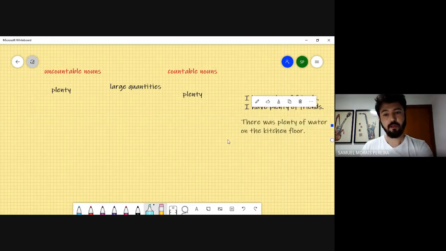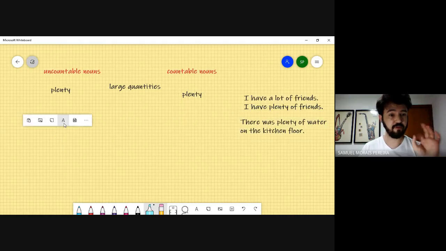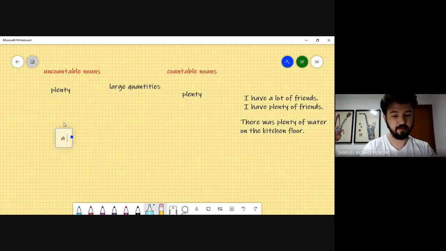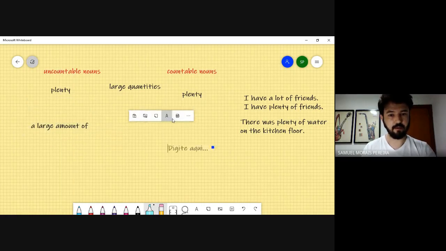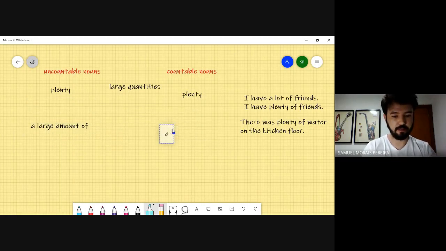Now, let's analyze two very important phrases. I have a large amount of something, and I also have the phrase a large number of something. Well, what's the translation of a large number?